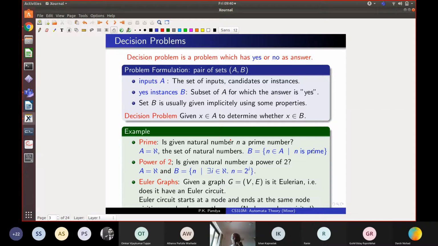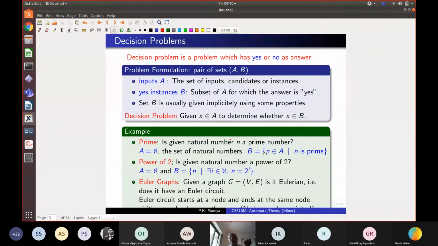Of course, prime is a mathematical definition, and in order to solve this decision problem, we will have to figure out a step-by-step method by which to determine whether a number is a prime or not, right? The way we would solve this problem would be, given such a natural number, to use something like the sieve of Eratosthenes.